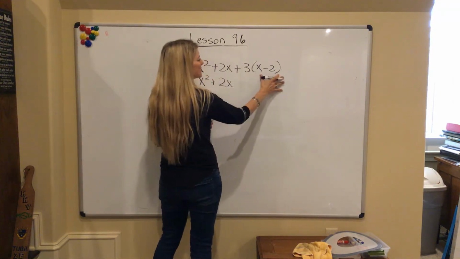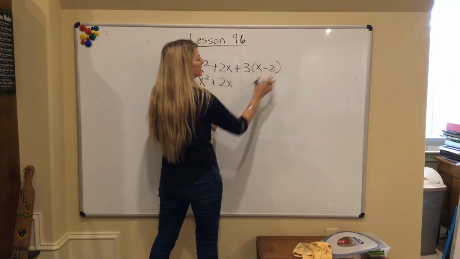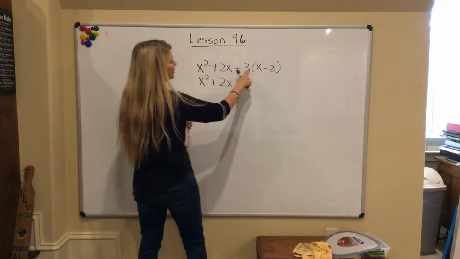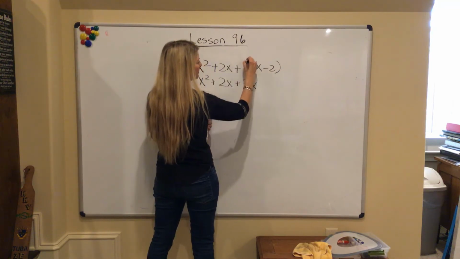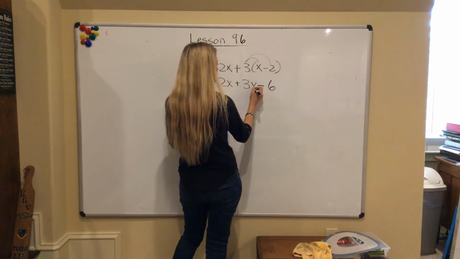We've got to deal with simplifying within parentheses and getting rid of these parentheses before we can do further simplification. So 3 times x would be positive 3x. 3 times negative 2 would be negative 6.